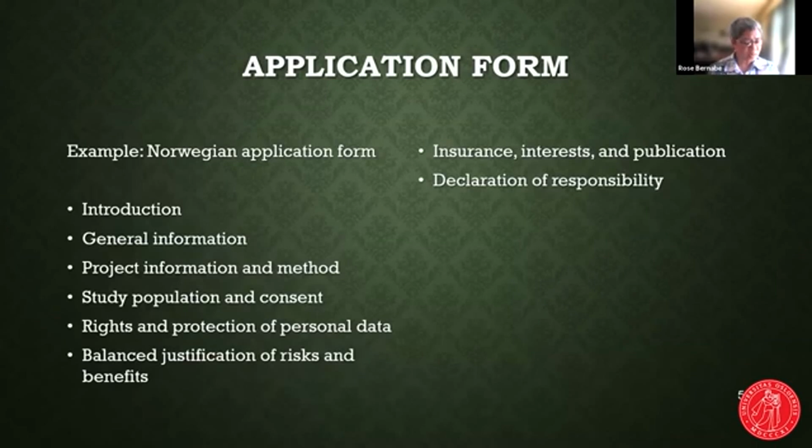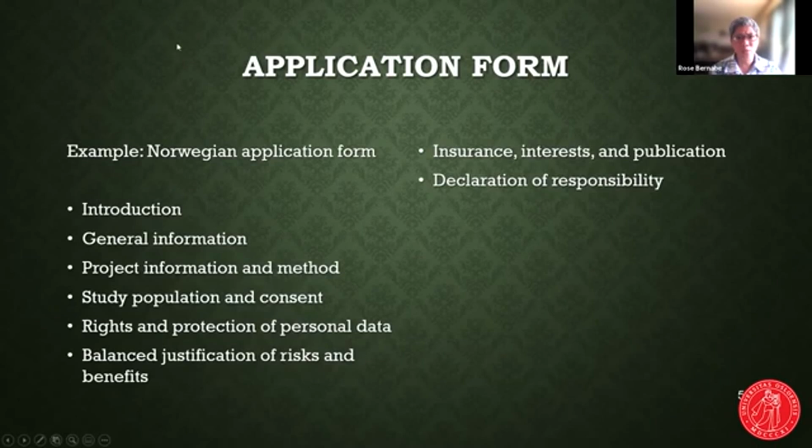So when a researcher or research performing organization submits an application for an ethics review, of course, there will always be an application form, and an application form would contain something like this. This is an example from Norway. So if a researcher will apply for ethics review, the application form requires this information.